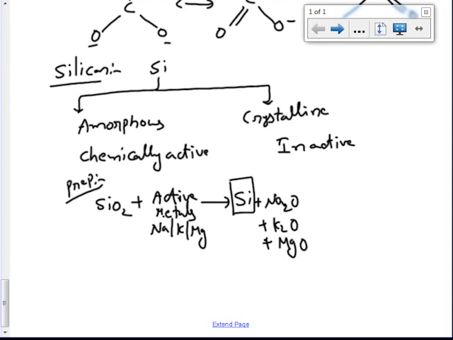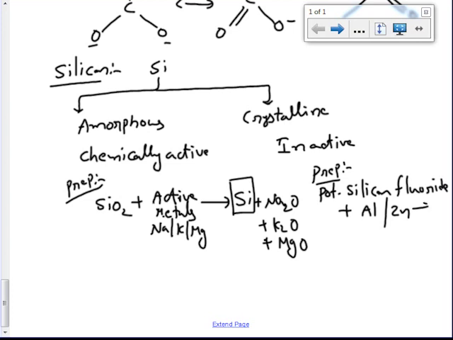How to prepare crystalline silicon? Crystalline silicon can be prepared by taking potassium hexafluorosilicate, K2SiF6, and reacting it with either aluminum or zinc to give silicon, the crystalline form.